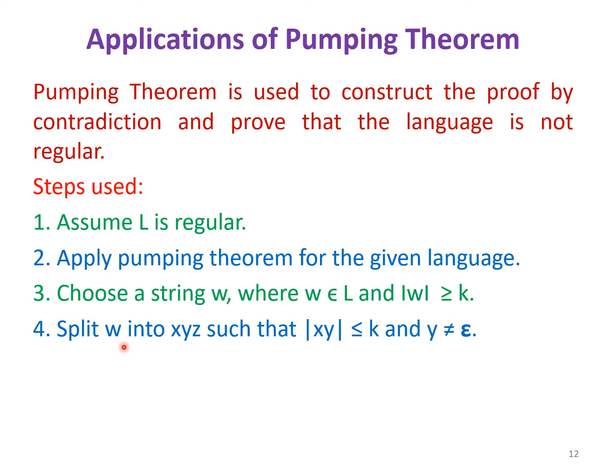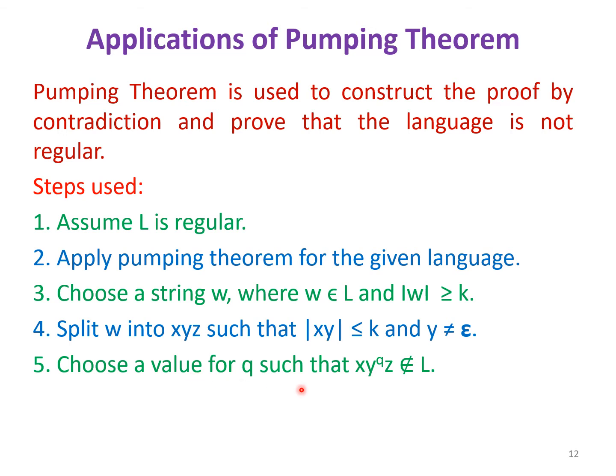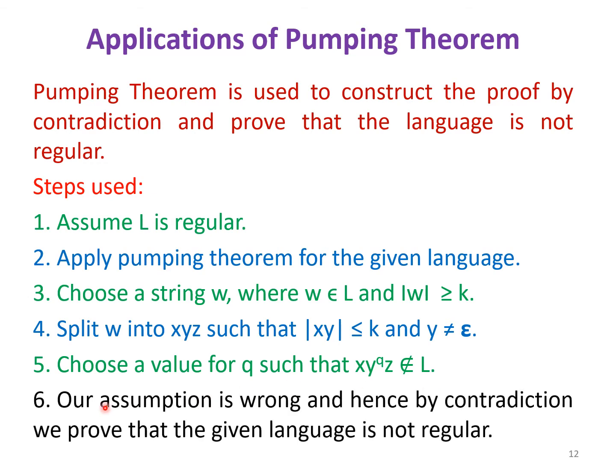Then split the string w into x y z such that the length of xy is less than or equal to k and y is not equal to epsilon. Now, choose a value wisely for q such that x y raised to q z does not belong to L. Our assumption is wrong, and hence by contradiction we prove that the given language is not regular.